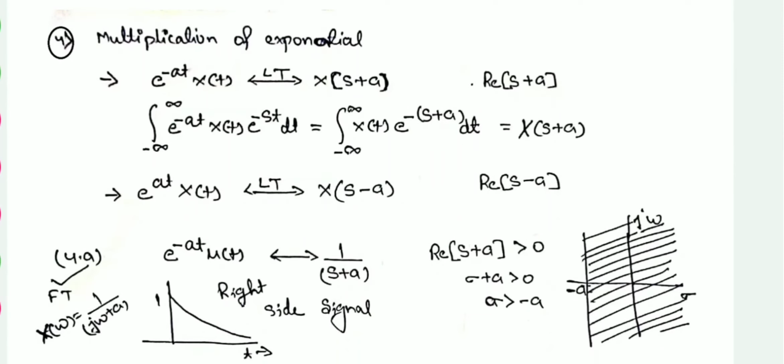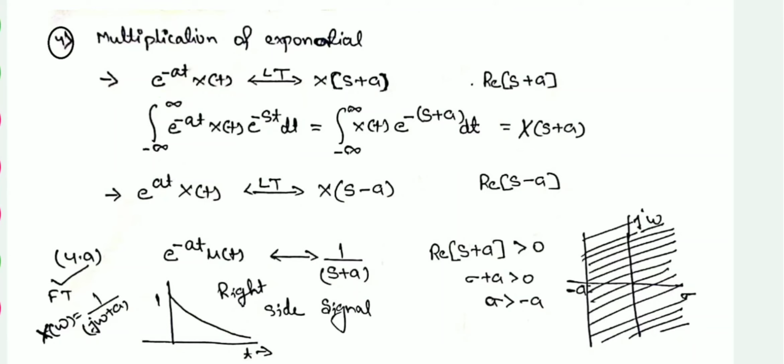When we multiply by e to the power minus at and take the Laplace transform, it is multiplied with e to the power minus s and becomes e to the power minus (s plus a). When we resolve this, we get the point that it is nothing but the Laplace transform, but s is replaced with s plus a.